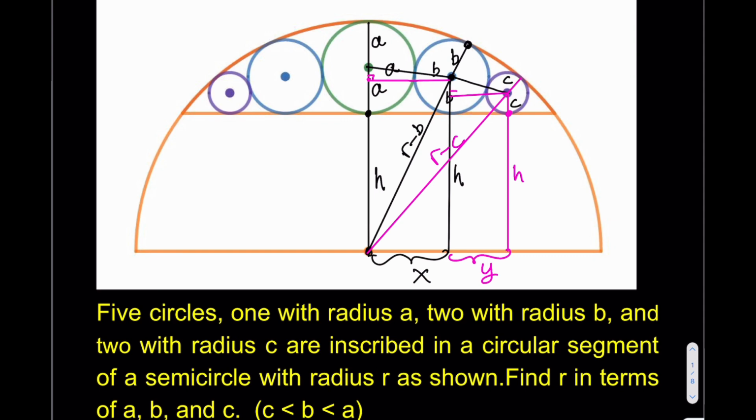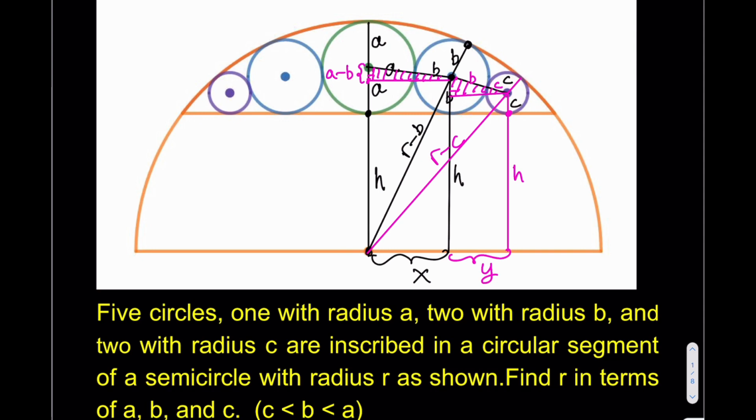These are right triangles, right? Let me go ahead and shade them so you can see better. This one and this one. And as you know, this is A plus B, this is B plus C. So I actually got the hypotenuse, right? And what about this piece here, the height? Well, A is greater than B, so this little piece is going to be A minus B, right?